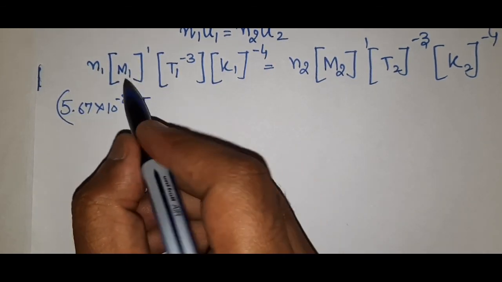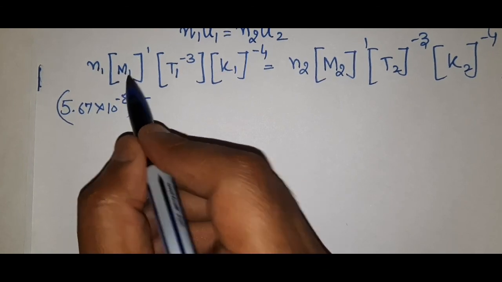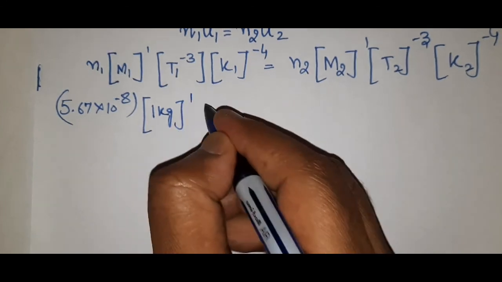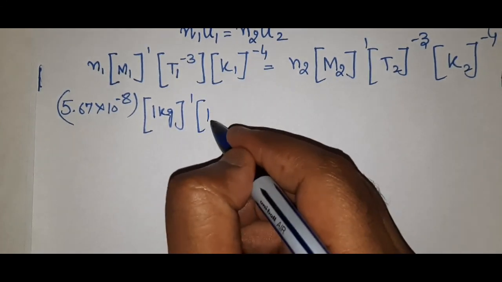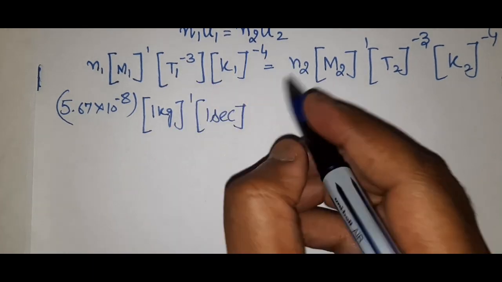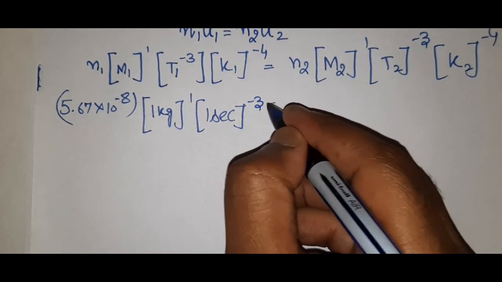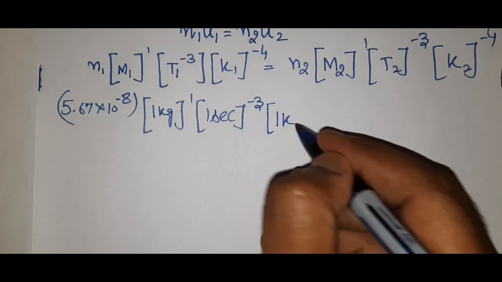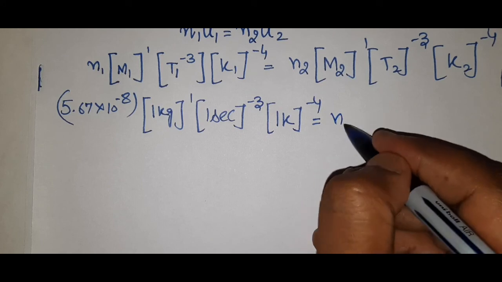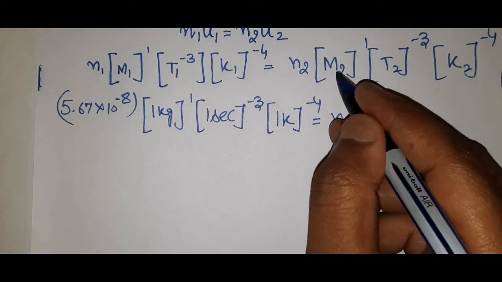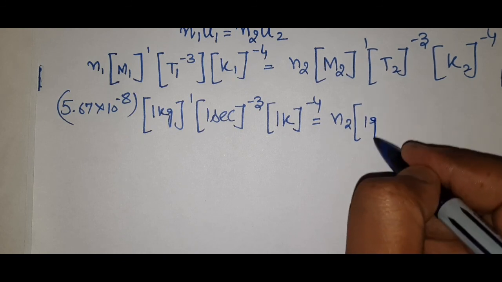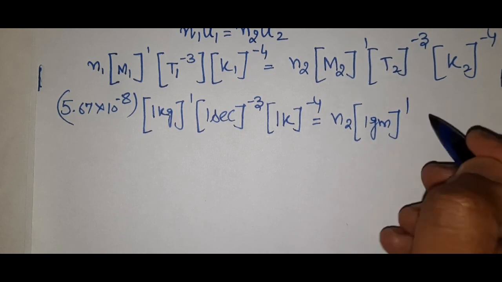U1 first of all will be mass. Mass in SI, so kg raised to 1, times 1 second raised to minus 3, 1 Kelvin raised to minus 4 in SI. Now for N2 we have to calculate mass in CGS because we are converting it to CGS, that is gram. 1 gram raised to 1.